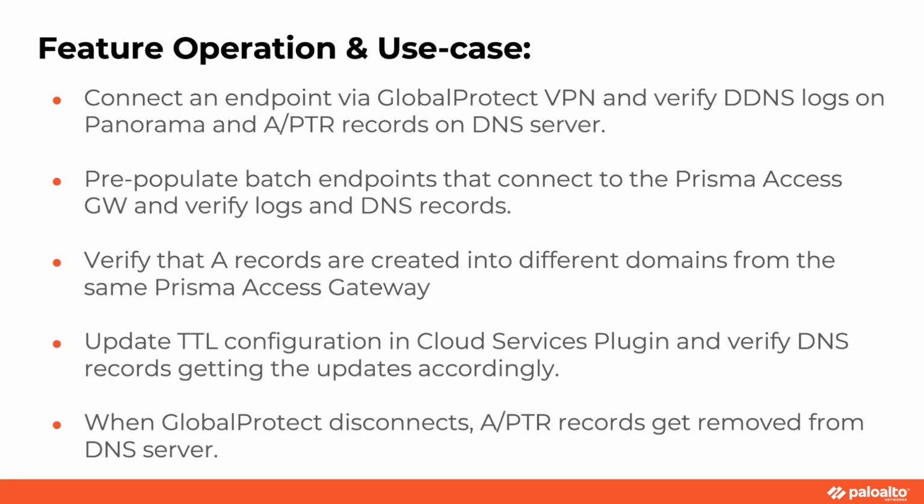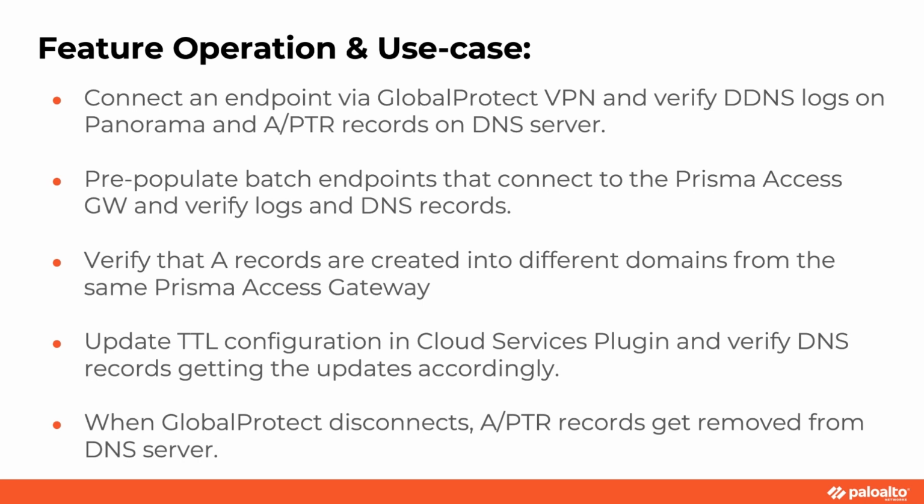We will first connect a Windows endpoint via GlobalProtect VPN and verify DDNS logs on Panorama, and we will also verify the DNS records on the Infoblox server. Second, we will pre-populate a couple of endpoints that will be connected to the Prisma Access gateway, and we will verify the logs and the DNS records once all the data is synced up.